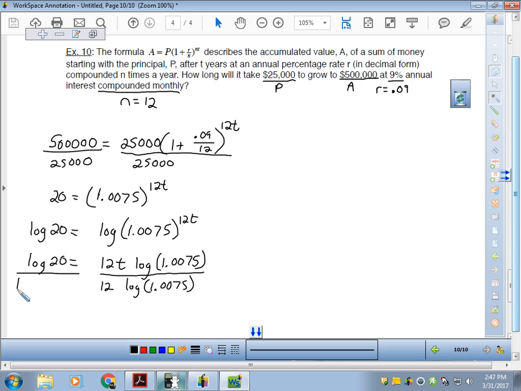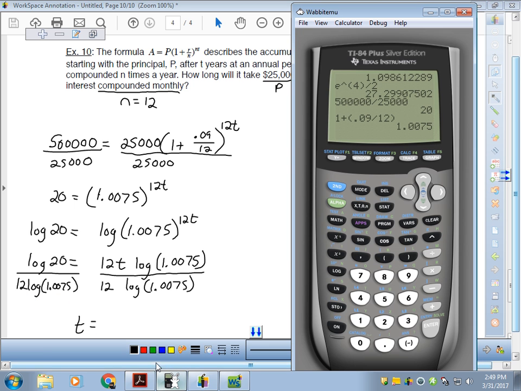So we end up with t equals, and then we use our calculator: log of 20, divided by parentheses 12 log of 1.0075.